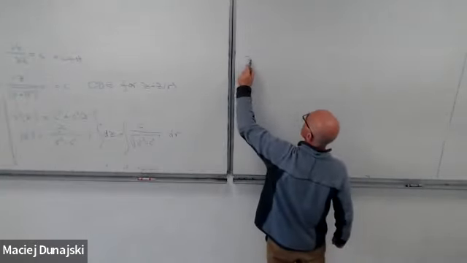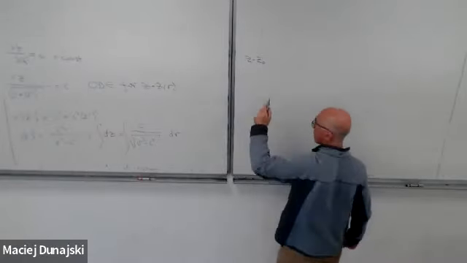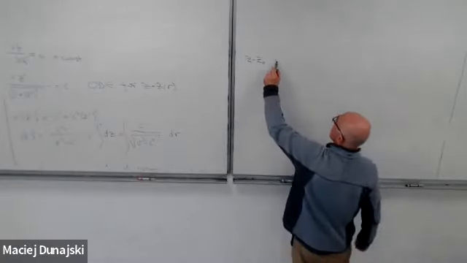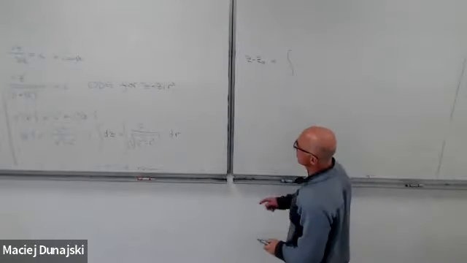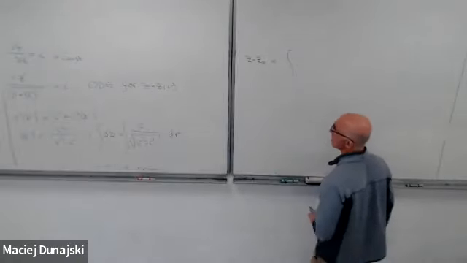So z minus z0 equals an integral. Now let me divide up and down by c.